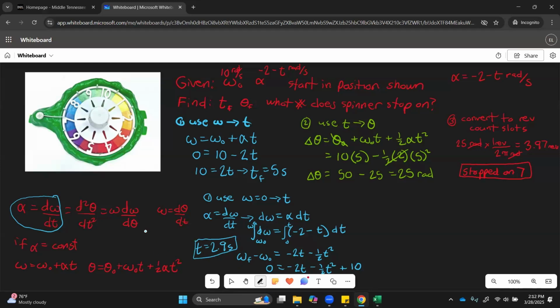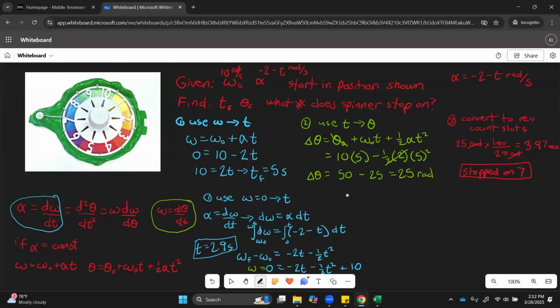Now we can use that time and plug into another equation to get theta. The next equation we're going to use is omega equals d theta dt, because now we have an expression for omega. When omega was 0, we could solve for the t, but in general the omega formula is this.